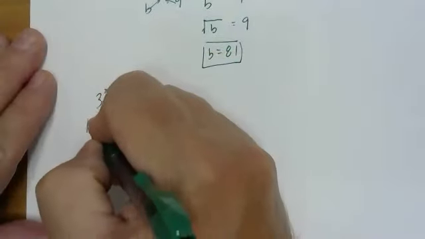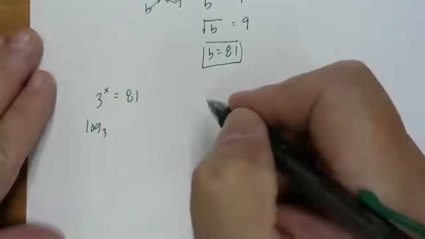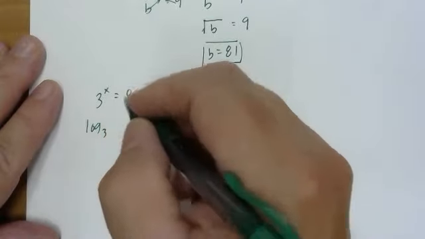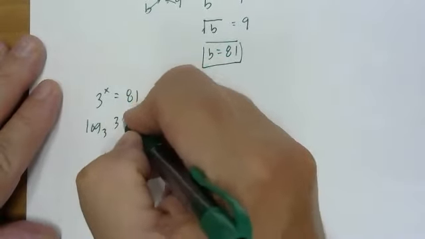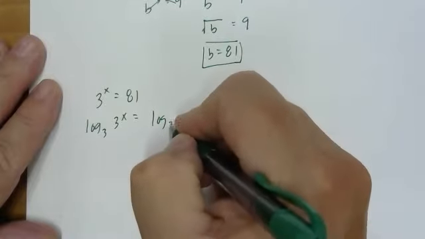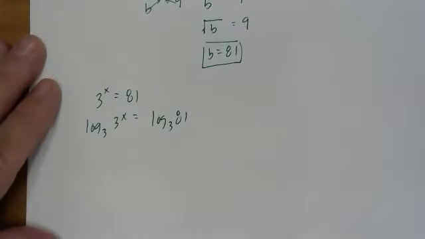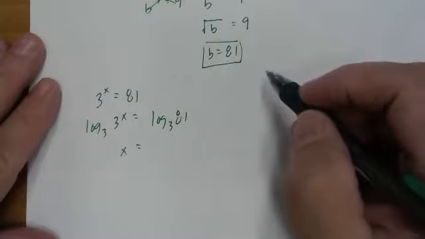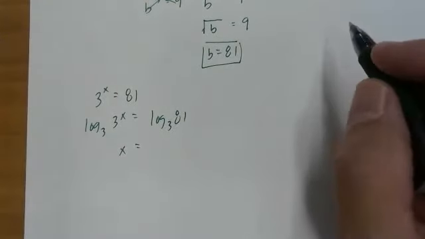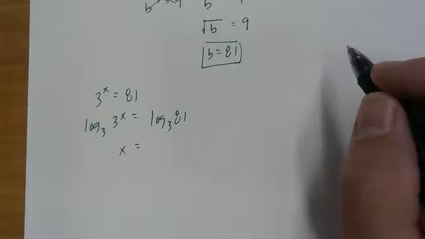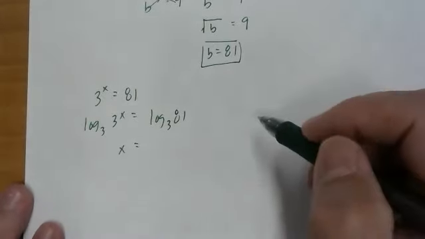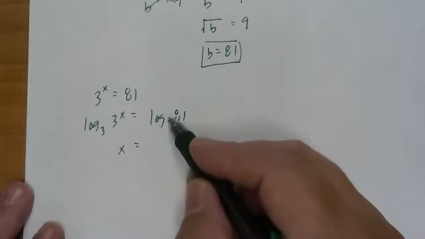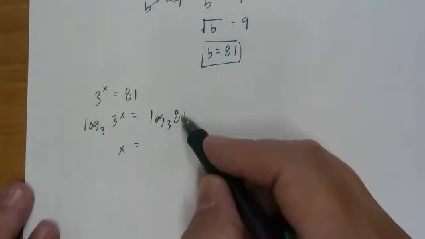So I'm going to take log base 3 of both sides. So log base 3 of 3 to the x is just x. This is actually good because this isn't really the way I want to solve this. You know why? This is a good example because I'm trying to figure out what is log base 3 of 81.